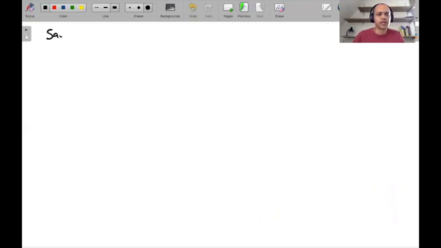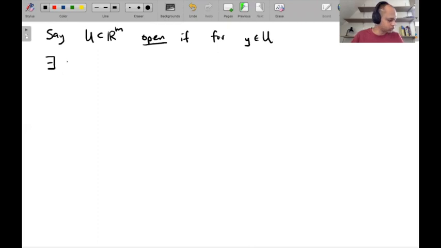We say a subset U of Rm is open if for any y in U, there exists some r greater than 0, so that the ball of radius r around y is contained in U.